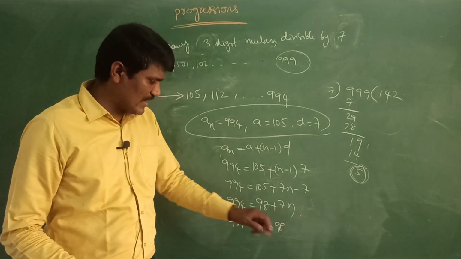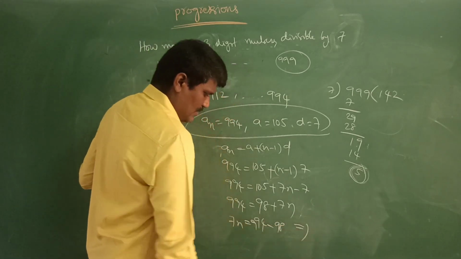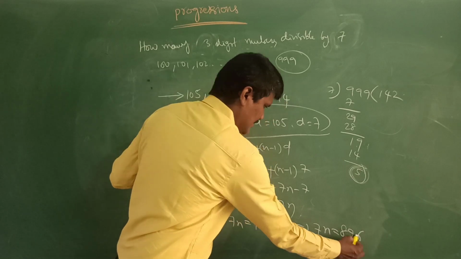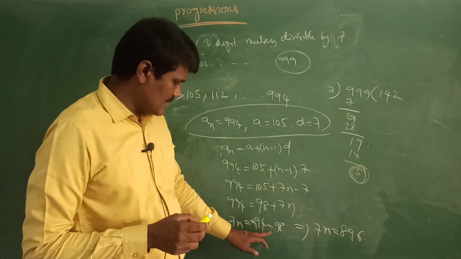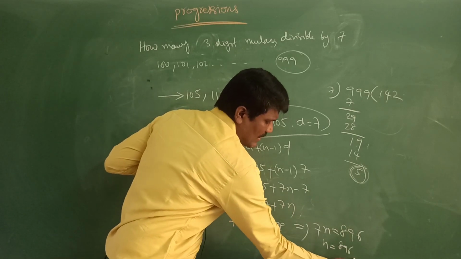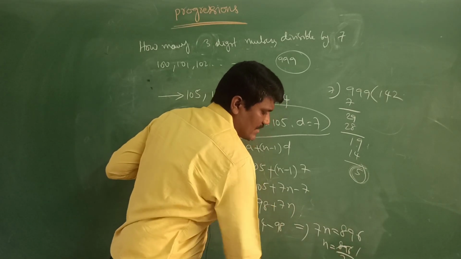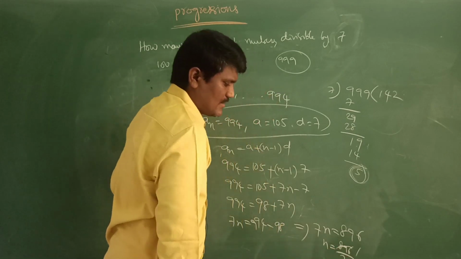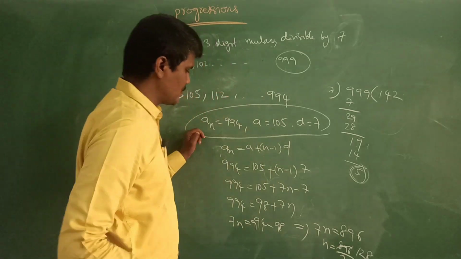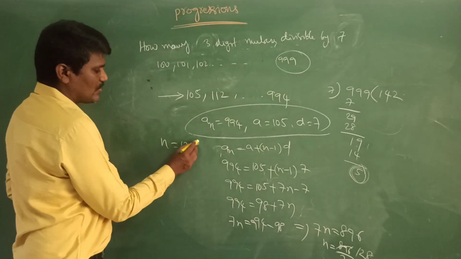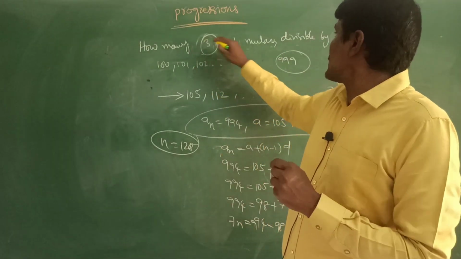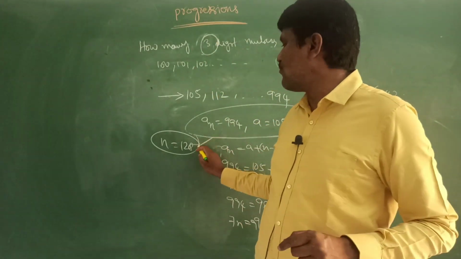So 994 minus 98 will be 896, so 7n is equal to 896. If I divide 896 by 7, 7 1 is 7, 19, 7 2 is 14, 7 8 is 56. So we got n is equal to 128. So we can say the 3-digit numbers divisible by 7 total 128.